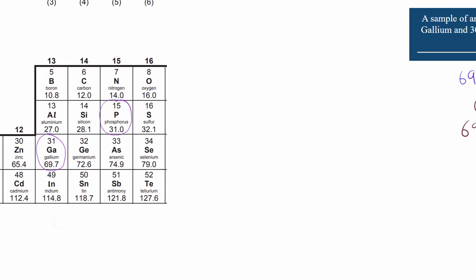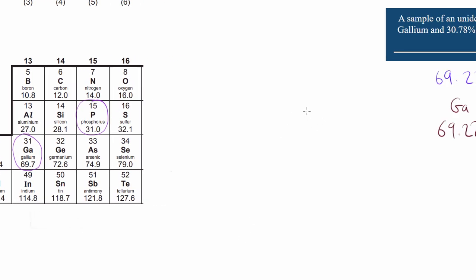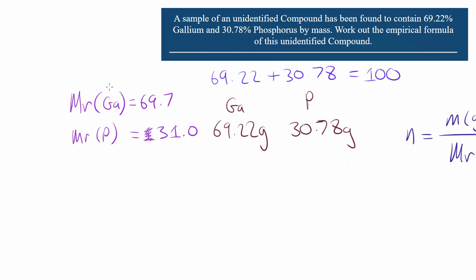Well, these are the relative atomic masses, so we can say that the molar mass, Mr, of gallium is equal to 69.7, and the Mr of phosphorus is equal to 31. For our purposes here, we're saying this is in grams per mole.